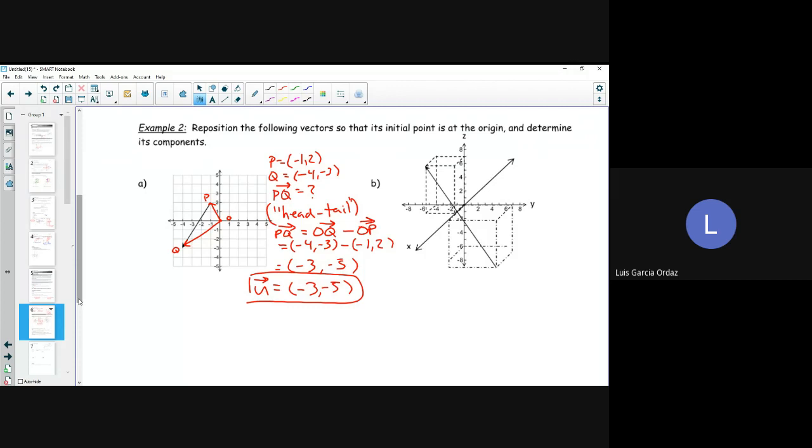Now, what if we have a three-dimensional space? So for B, I have my resultant vector, which is P over here, and Q, which is all the way up here. I need to figure out, based off my origin, what P is and what Q is.